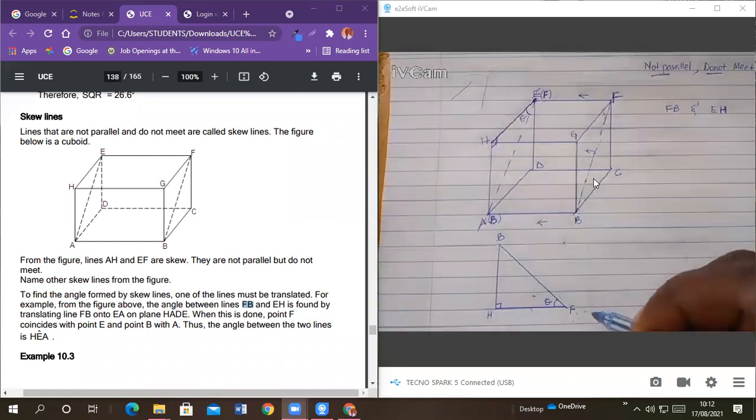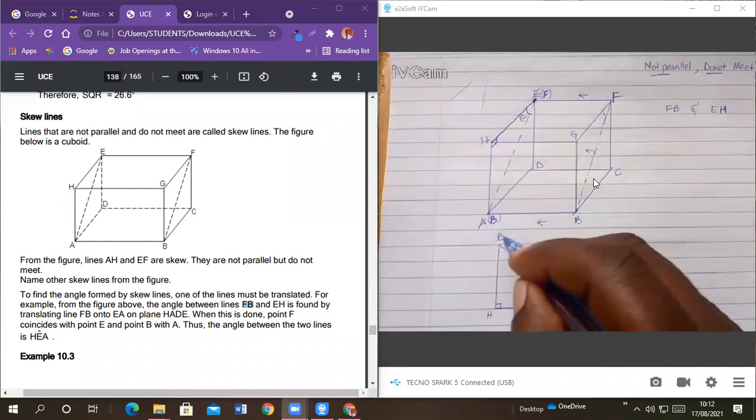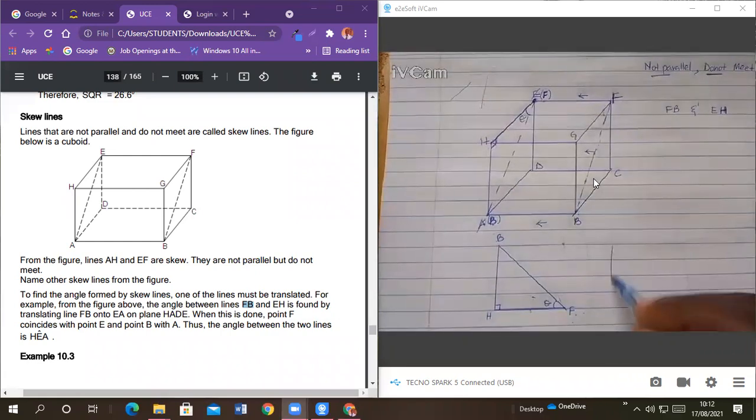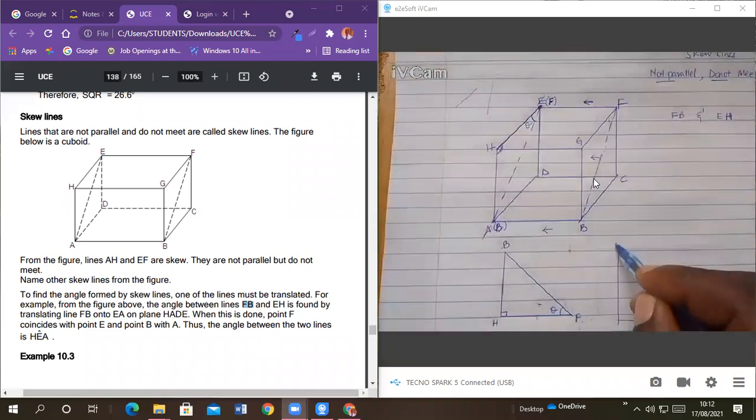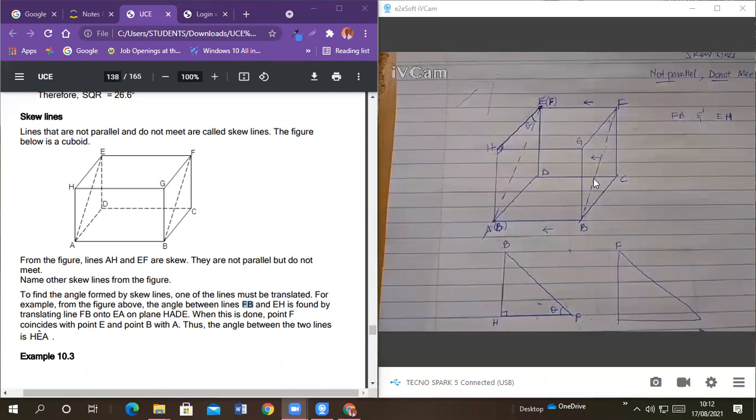There is no problem. You can put the F here. Someone can do it like this and say, let me have my F here and my B here. But the H is there because H is at the right angle, isn't it?